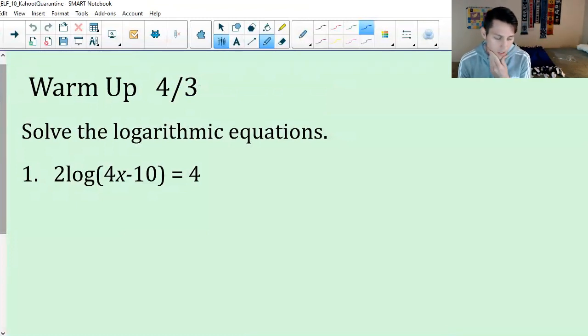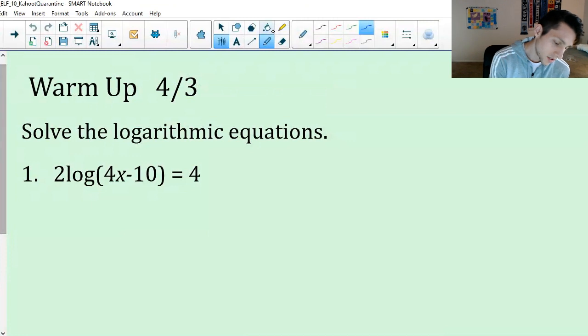Solve the logarithmic equations. All right, so that's what we finished up last time, was how to solve these. We had three different methods. And again, it's not important that you know specifically which method is which. It's just important that you understand how to solve the different types and setups of equations that you'll see.